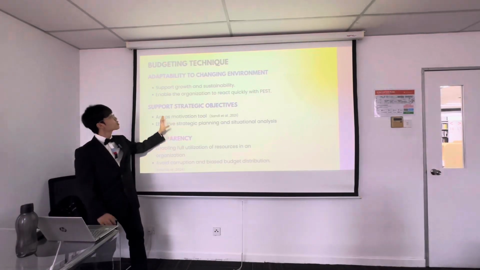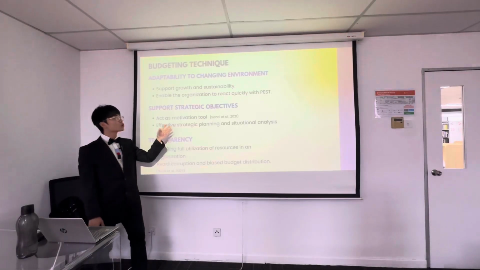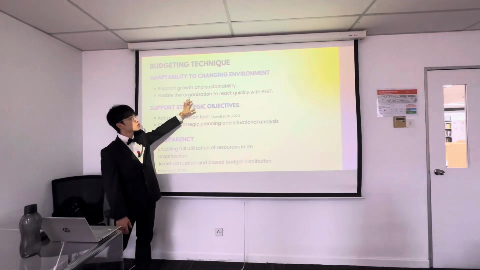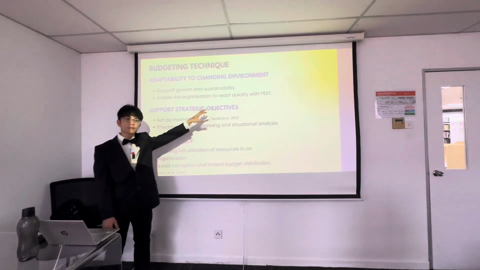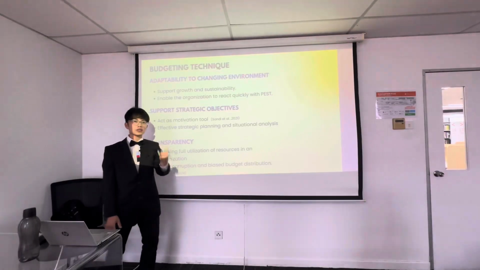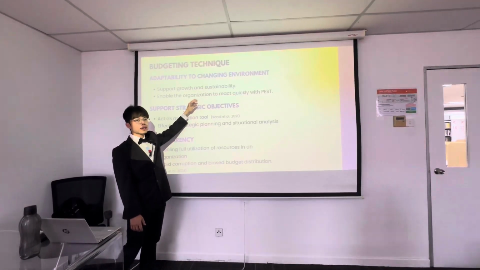Next, I will talk about adaptability to a changing environment, and supporting growth and sustainability. It enables the organization to react quickly to PESTs. What is PEST? PEST is politics, environment, social, and technology, the external factors that affect the company.